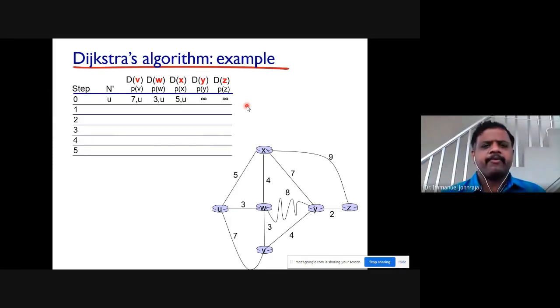What's the next step? Find out who has got the least path. That's what your second step in the iteration says. Find out the minimum. Which is the minimum? It is 3. Where is 3? It is connected to w. So in the next step, who has got the lowest one? Add that to your N dash.